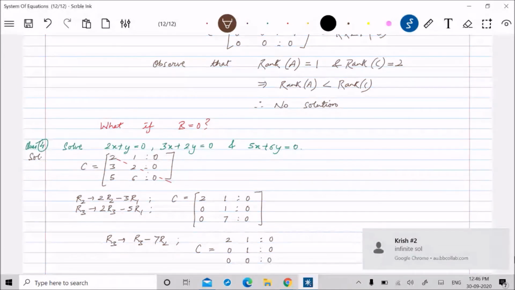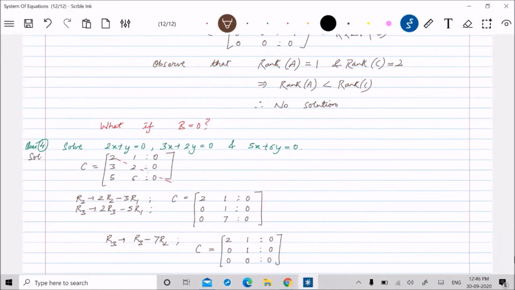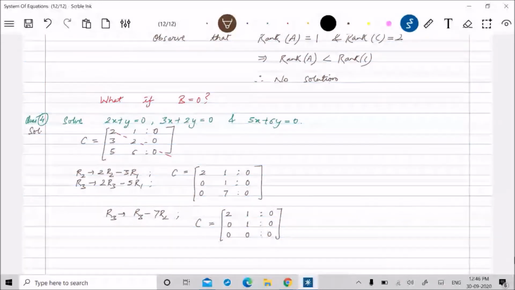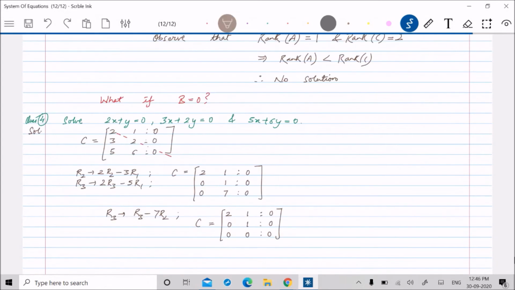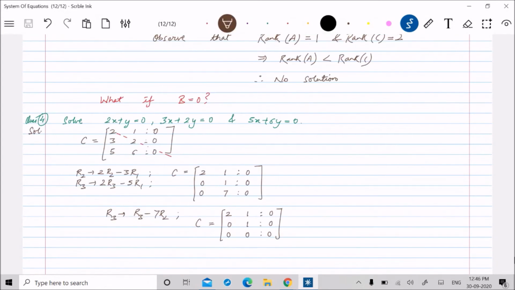Very good. Krish identified that we are going towards the infinite solution, but is he correct? I think he is not correct. Gaurav Kumar corrected him that this is a case of unique solution, because please focus on n. N is the number of variables. The number of variables is 2, not 3, right?